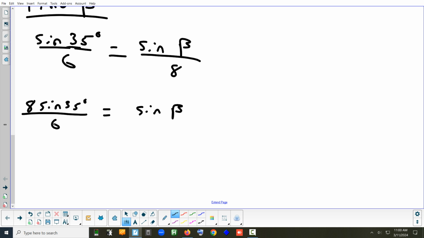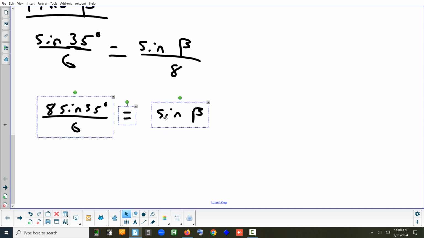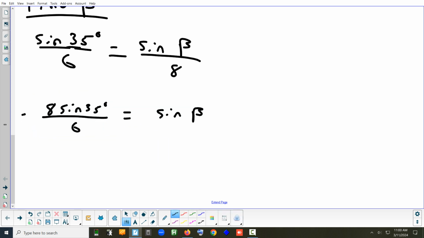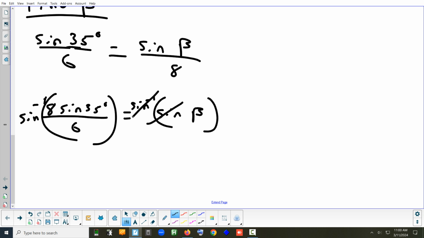And what gets rid of sine? Inverse sine. So I need a little bit more space. Take inverse sine of everything on the left and on the right. When you do that on the right, inverse sine and regular sine are gone.